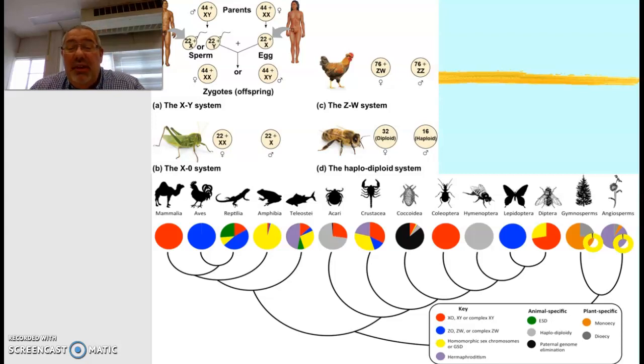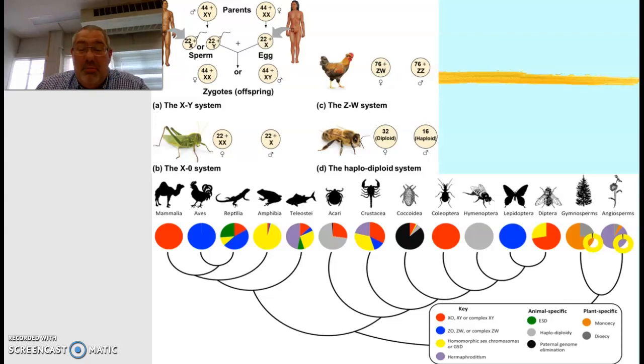So the circle with the plus sign down below it designates a female, and the circle with the arrow designates a male, just so you know. The X and O, letter B, the X and O system, one X chromosome designates a male and 2 designates a female.